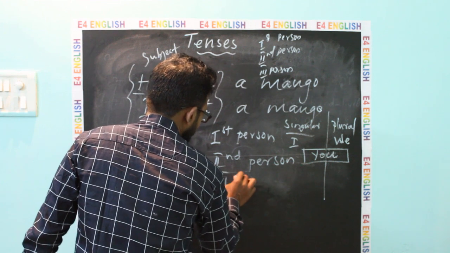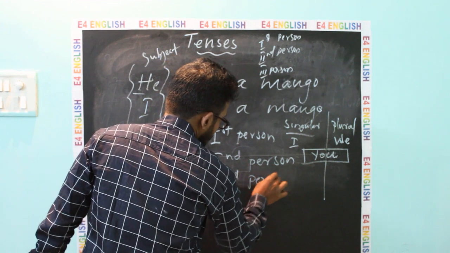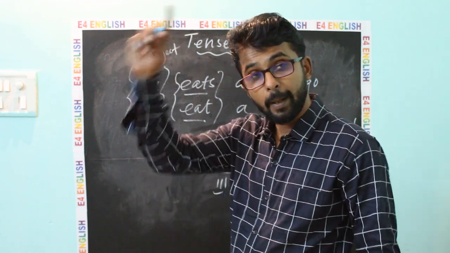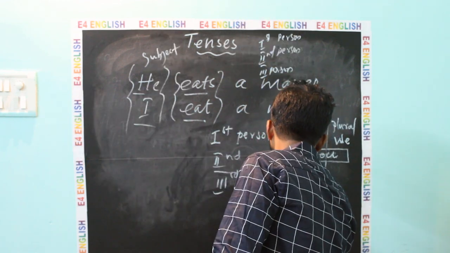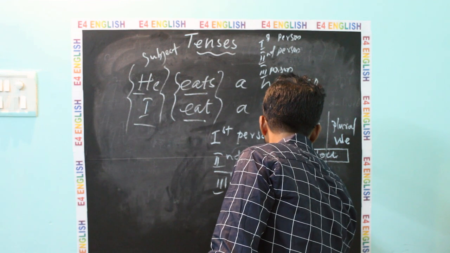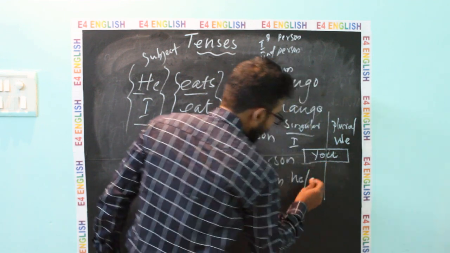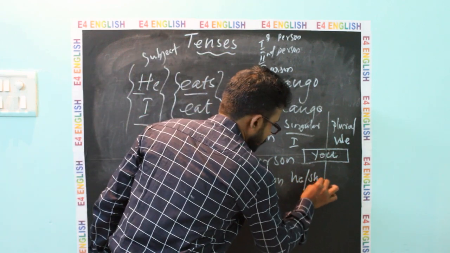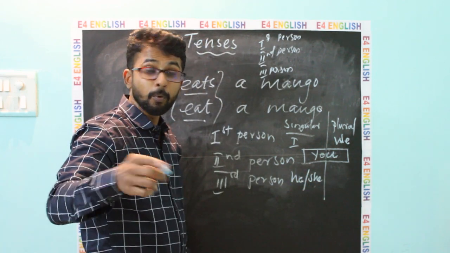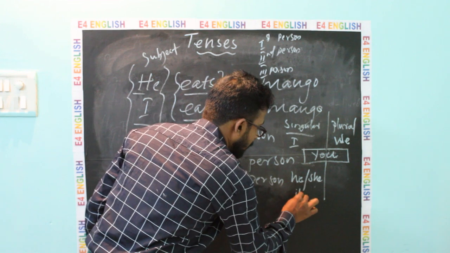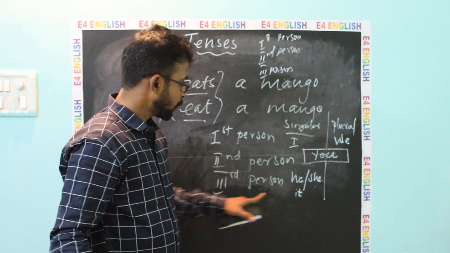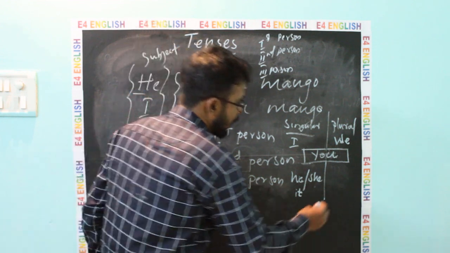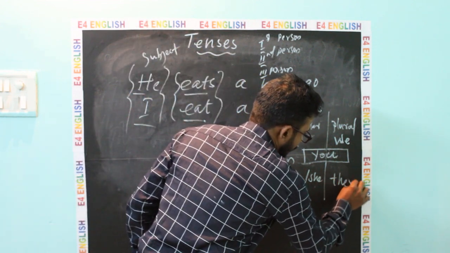What about third person? I am talking to you about him, about that person, a boy: he. I am talking to you about that girl: she. I am talking to you about a particular thing or animal or something like that: it. So third person singulars are he, she, it, and plural is they.